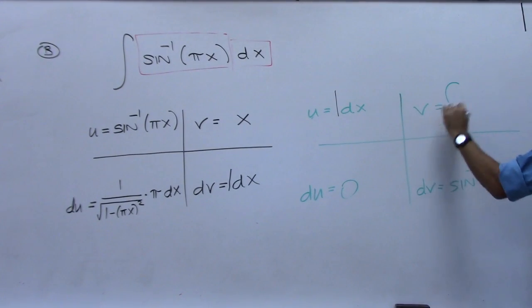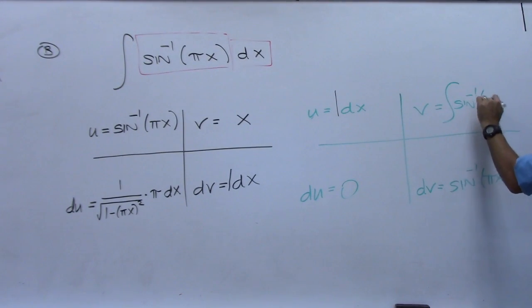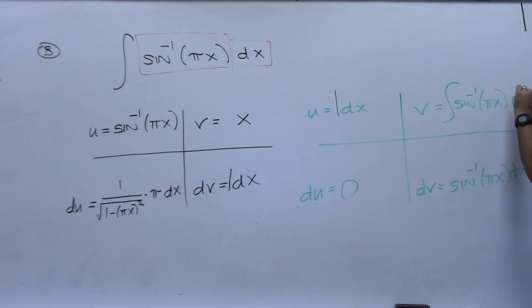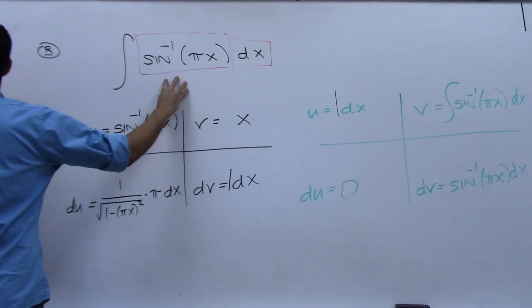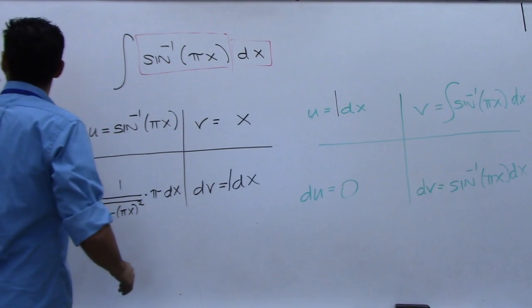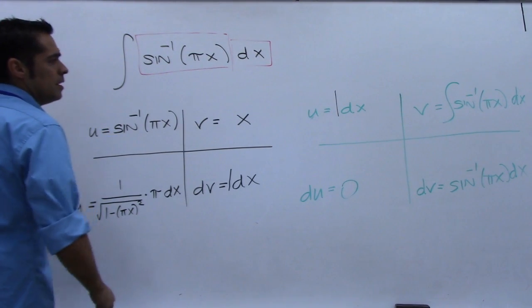I have to wave my hands at it. Isn't it this integral? And I have no idea how to do that. I need to integrate this, but I don't know what that is. Okay, do the formula. This original integral would be what? u times v.